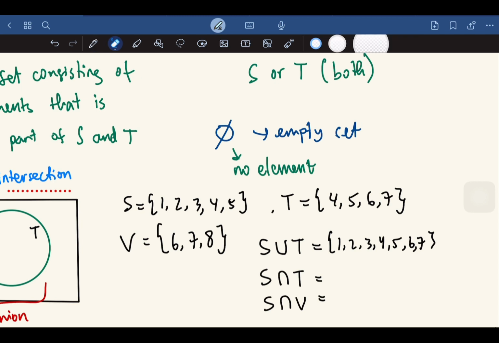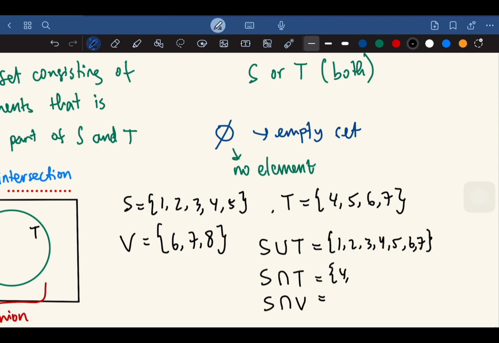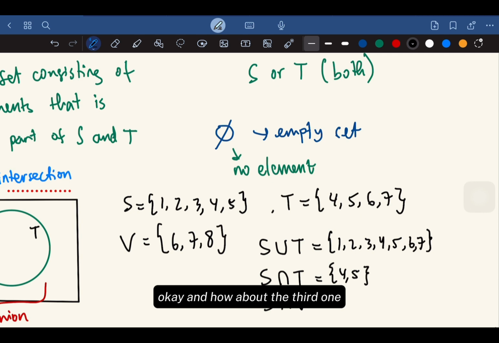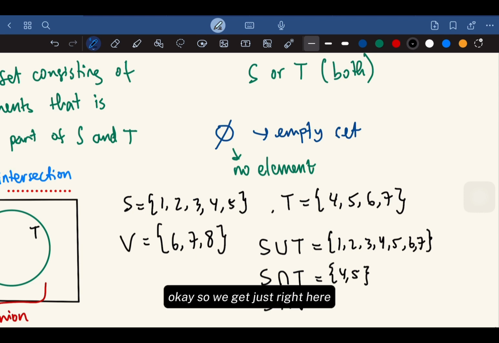And then S intersection with T. Anyone from group 2? Do you want to try? 4 and 5. Okay, too easy. And how about the third one, the S intersect with V? Anyone from group 3? Yes, an empty set. Okay, so we could just write here, it's an empty set.